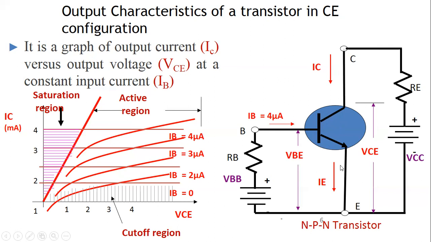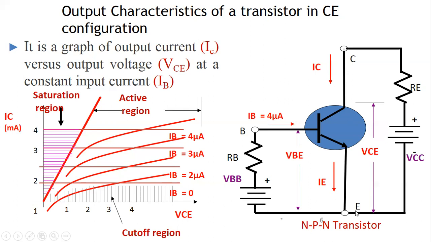Both junctions, base and collector, are offering very high resistance from the input and this output also. Because of that, no current is going to flow from IC. We will get a very minute current because of the minority charges, and it is going to be very small, on the order of microamperes.